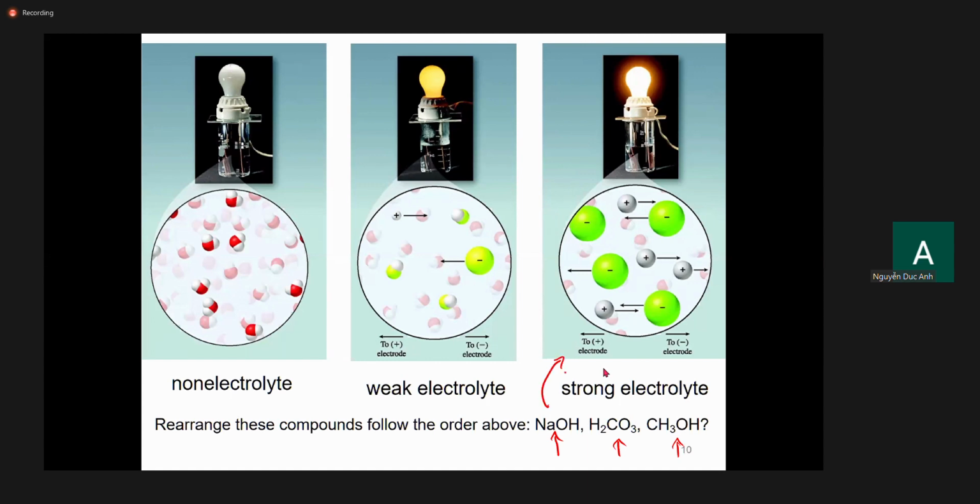Carbonic acid, as you know from high school, is a very weak acid, so it should be a weak electrolyte. The last one is methanol. As we discussed before, methanol is a molecular compound, and a molecular compound cannot generate ions in solution, so it is a non-electrolyte. Very simple.